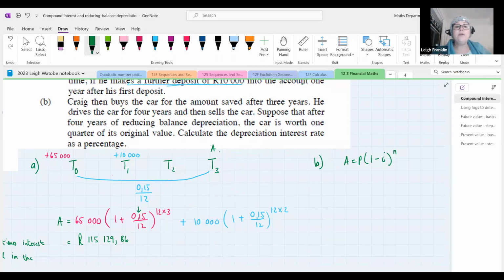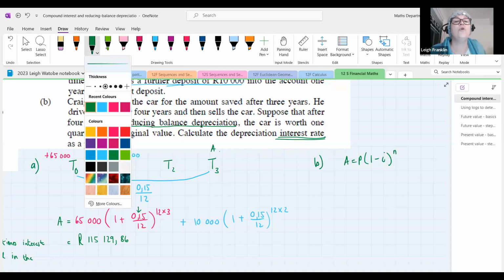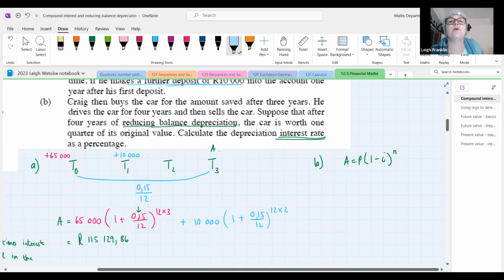All right, we know that we are using reducing balance. Okay, it tells us here in the question the reducing balance depreciation formula must be used. And they've told us that they want us to calculate the interest rate. So which letter are we solving for in this question?